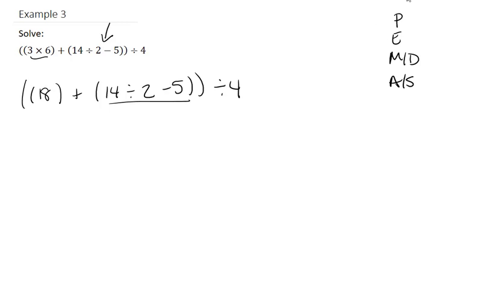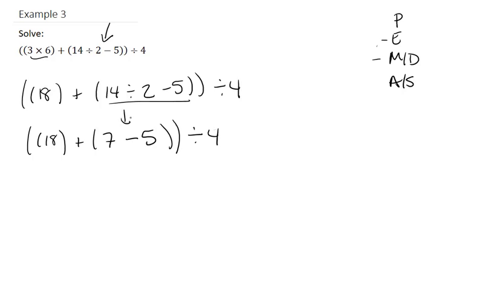And going back to our list, we don't have any exponents, but we do have a division problem. So we would need to first go 14 divided by 2. So let's do that. So 14 divided by 2 is 7. And then we have minus 5. And then we have that divide by 4.